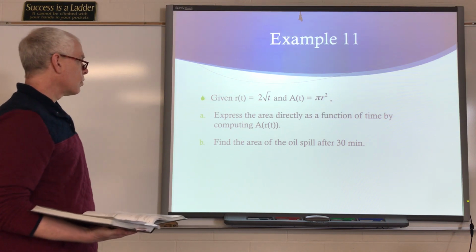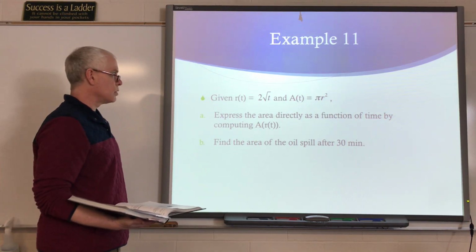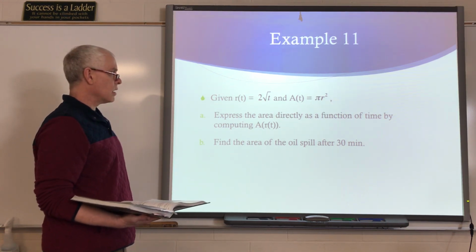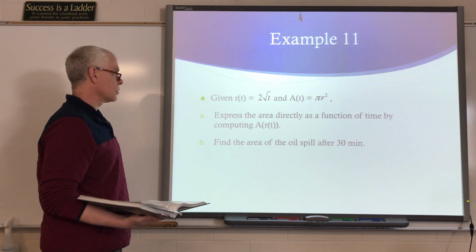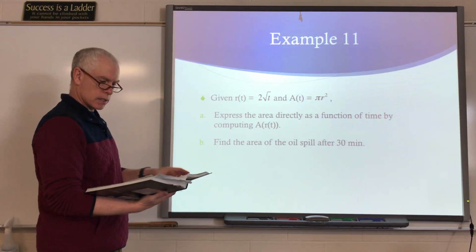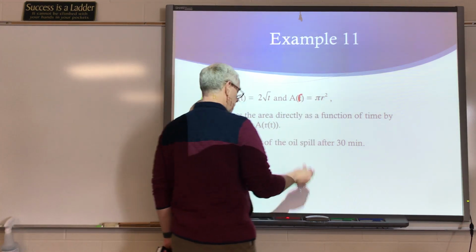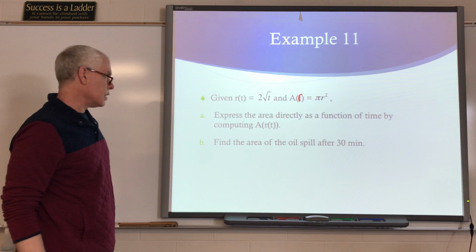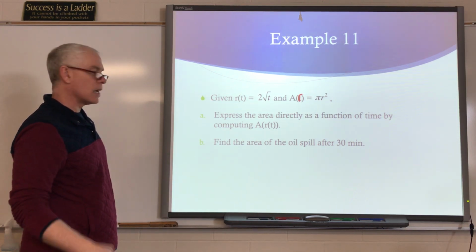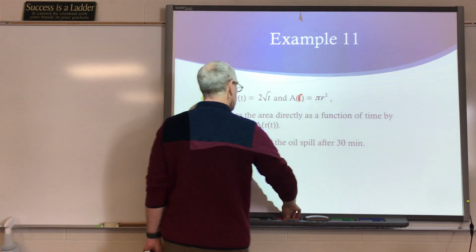Okay, given that the radius as a function of time is 2 times the square root of t, and the area as a function of radius is pi r squared. Express the area directly as a function of time by computing A of r of t. Okay?